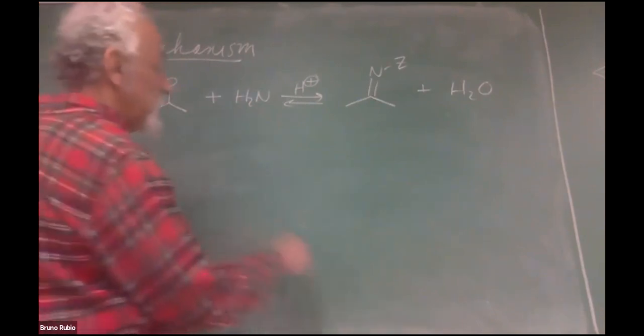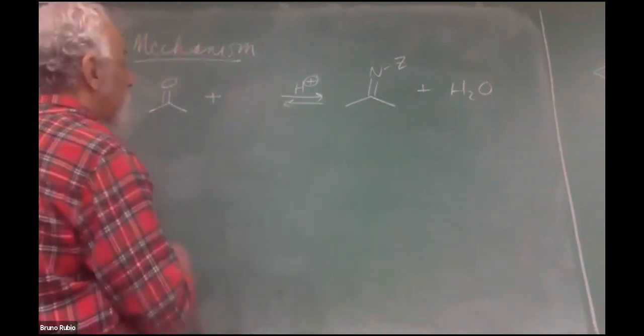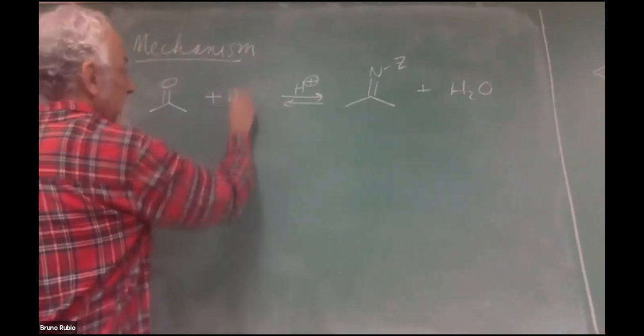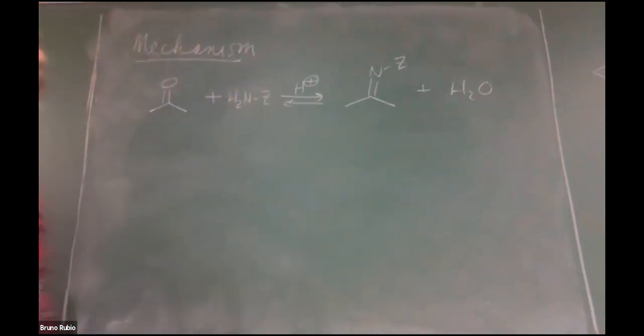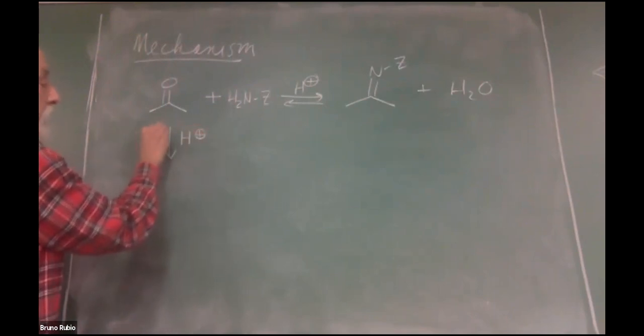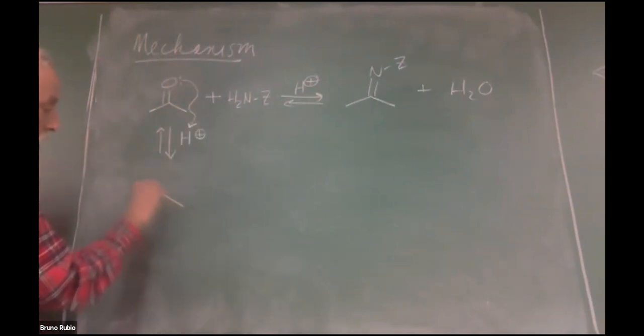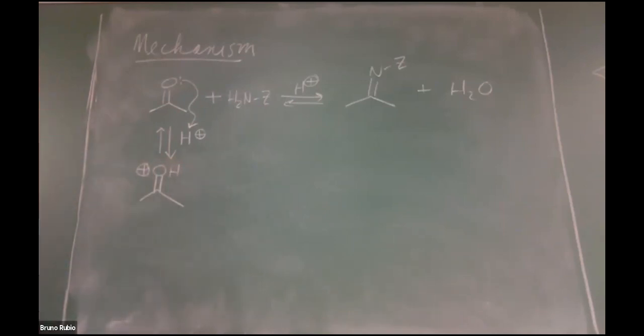Okay, I see I made a little mistake here. I forgot to put in my Z. So this should be like that. Protonate the carbonyl oxygen as the first step of the mechanism, and then attack the carbonyl carbon with the nucleophile.